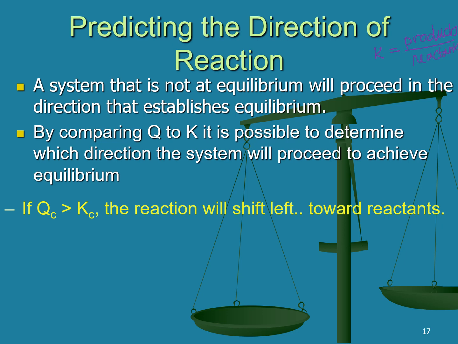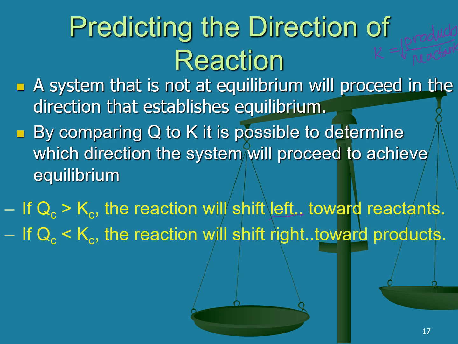So if Q is greater than K, that means there are too many products. To make Q get smaller, we have to shift to the left to make more reactants, because we need to get rid of products and make more reactants to make this ratio come down.